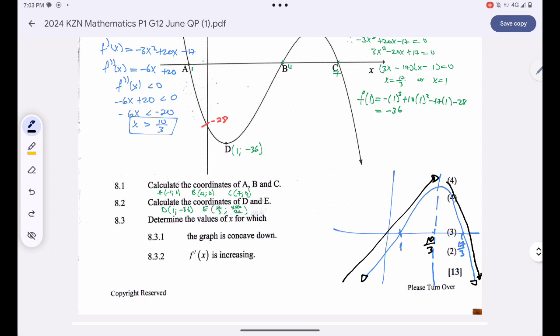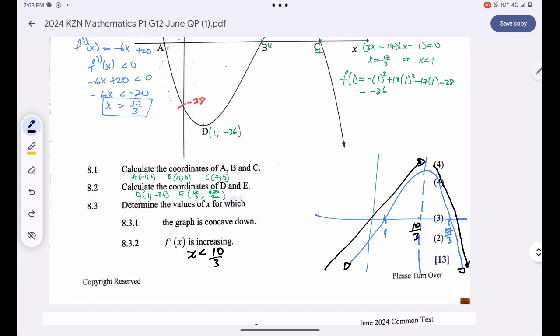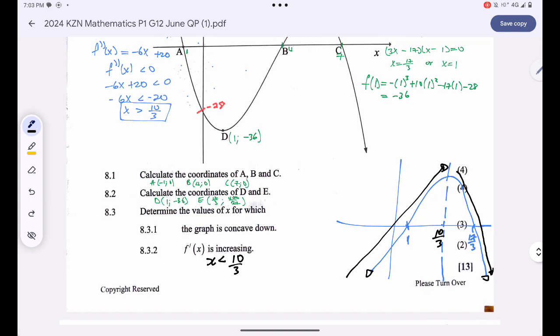So it simply means that my derivative will be increasing if and only if x is less than 10/3. Okay, so I can now conclude that my derivative is increasing whenever my graph is concave up, and my derivative is decreasing whenever my graph is concave down. You can come up with that conclusion.